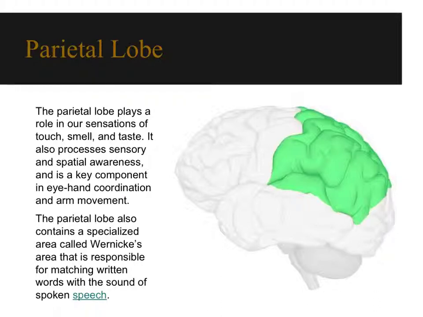The parietal lobe is a big area for sensation. There's a particular strip of the parietal lobe right about here that allows us to sense our surroundings, specifically the somatic sensory division of our peripheral nervous system. Eye-hand coordination, or hand-eye coordination, and arm movement are a big part of the parietal lobe as well.